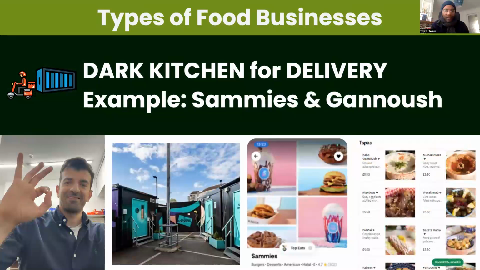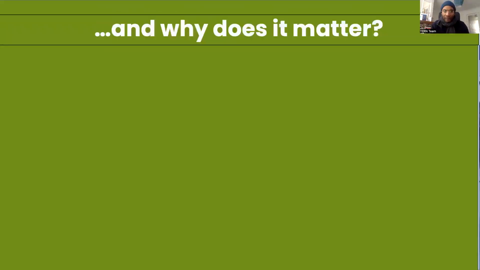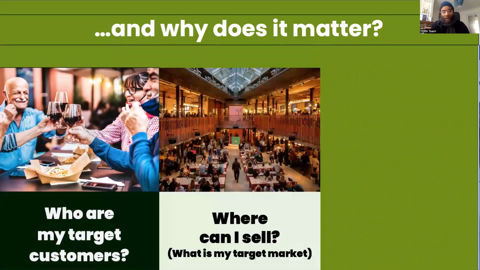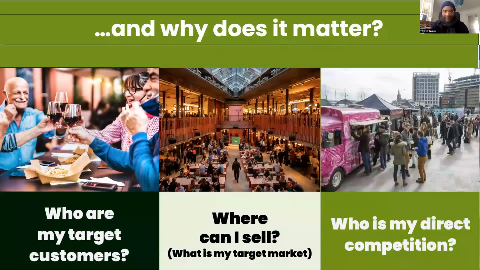Next, we talked about market research and what it is. Essentially, this is understanding who you can sell to and what they want, so your customer. It is understanding where you can sell, and who else sells there. So your customer, your market, and your competitors.